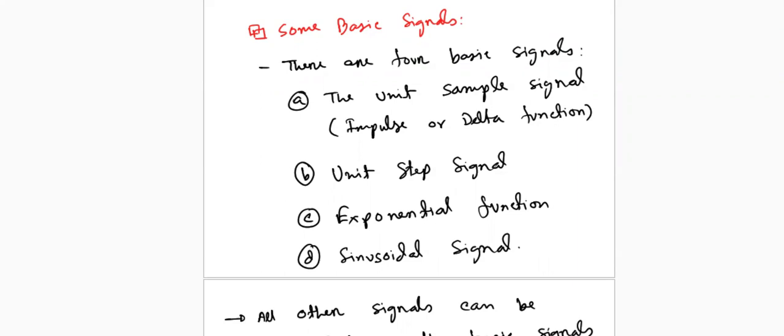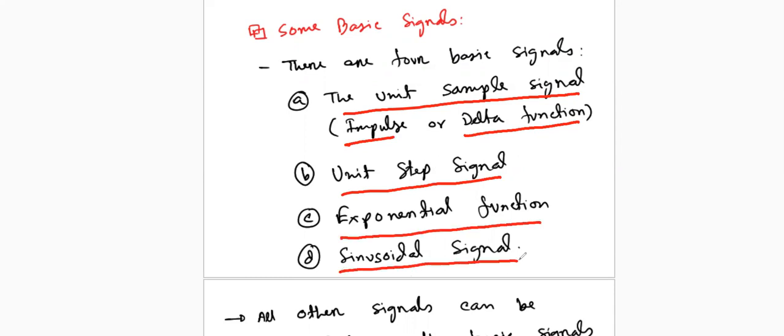Some very basic signals: number one is the unit sample signal, also known as the impulse signal or delta function. Then the unit step signal, exponential function, and sinusoidal signals.